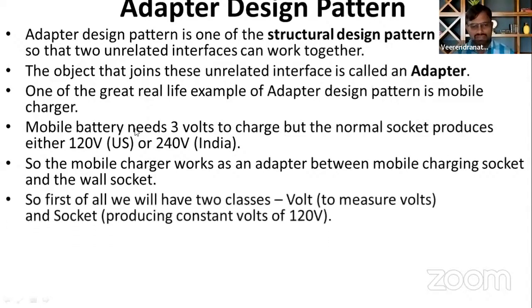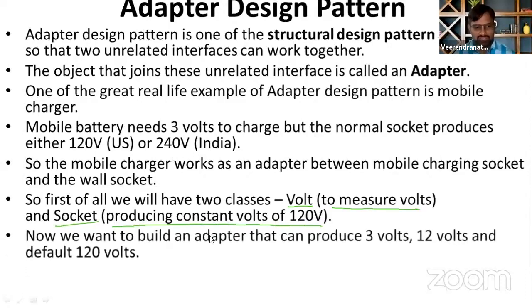First, we have to create two classes, a volt class and a socket class. Volt is to measure the volts, and socket produces a constant 120 volts. Then we have to build an adapter that will produce 3 volts, 12 volts and 120 volts.